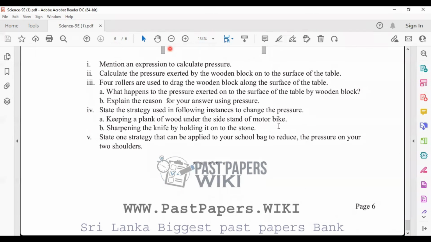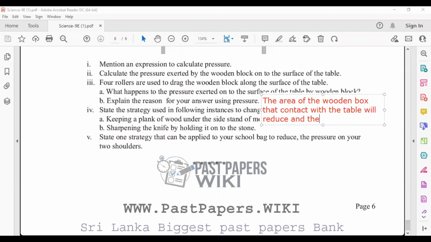You should explain it: the area of the wooden box that contacts the table will reduce and the pressure will increase.